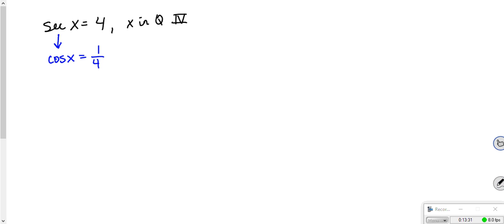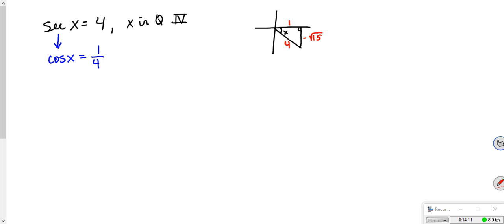So again, if I draw a little picture here, in the fourth quadrant, this would be my angle x and this would be my triangle. If cosine is 1 over 4, then remember cosine is adjacent over hypotenuse. Well, what does that give me for the second leg in the Pythagorean theorem? This is going to give me negative root 15. Negative root 15 is my other leg, and it's negative because it's going down.